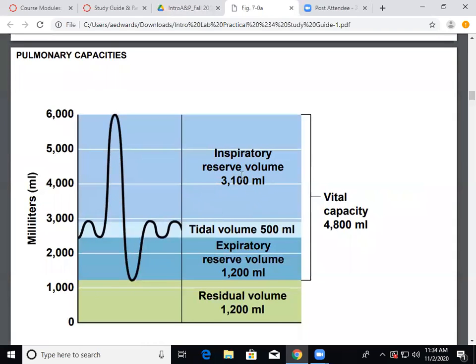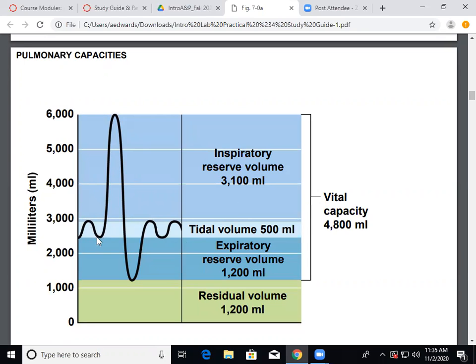The inspiratory reserve volume is how much you could breathe in after a normal inhalation. If you breathe in like you normally would, and then breathe in as much more as you can, that's your inspiratory reserve volume, around 3 liters or 3,100 milliliters.